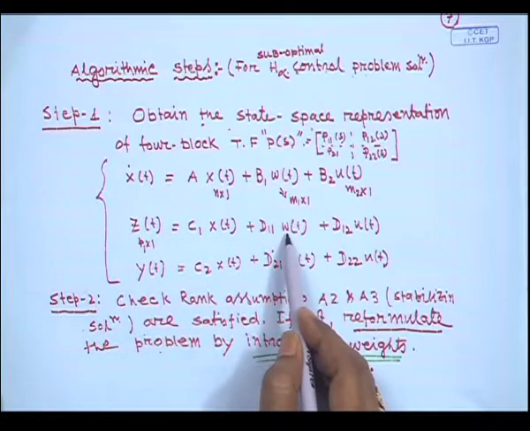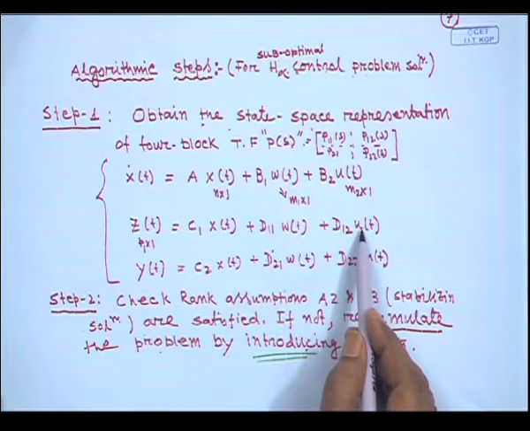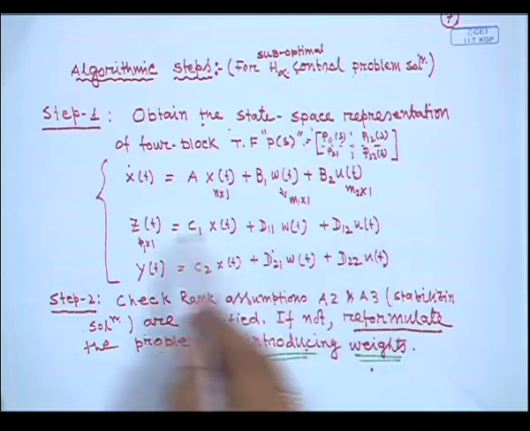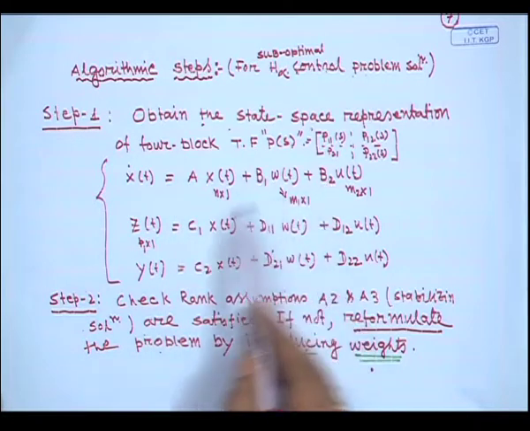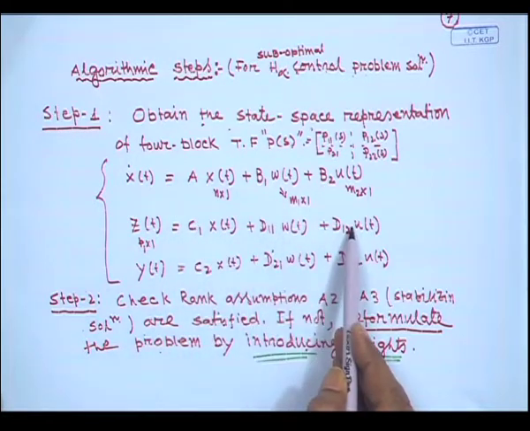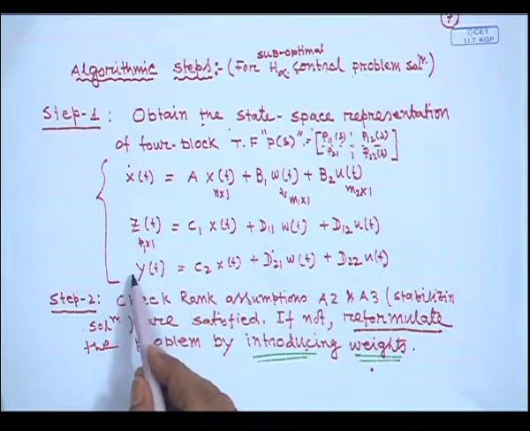Hence I can find out the dimensions of A, B1, B2, C1, D11, D12, and Y is the measured output.